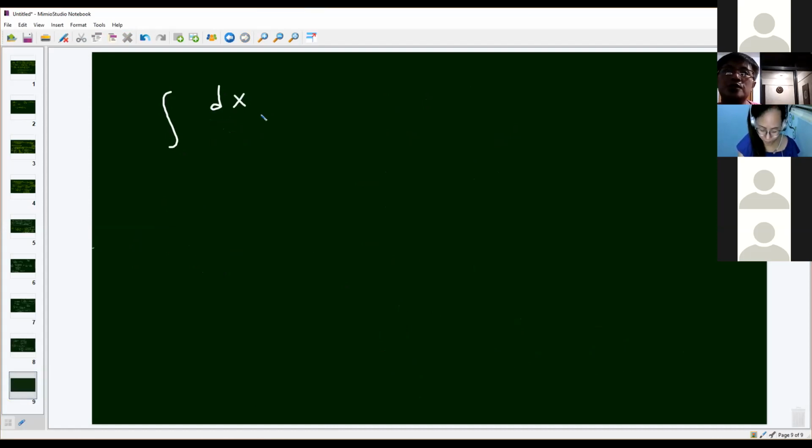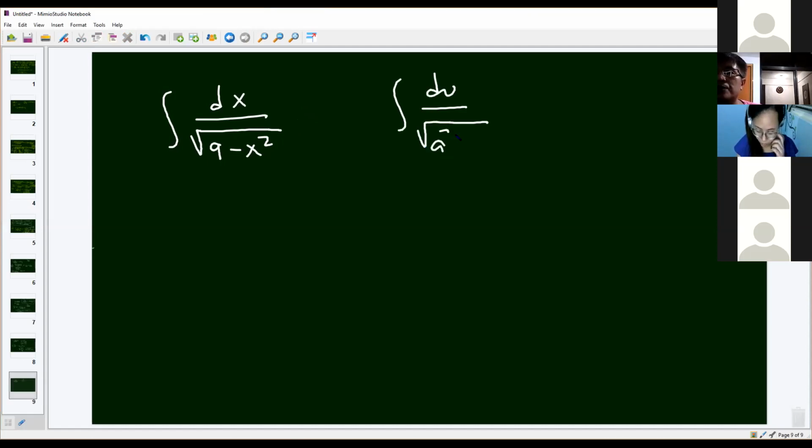What if this is the given? So that you recognize right away when to use the forms. This is what was given. This is of the form du over square root of a squared minus u squared, right? This should give you arc sine of u over a plus c. So just identify: a is 3, u is x.